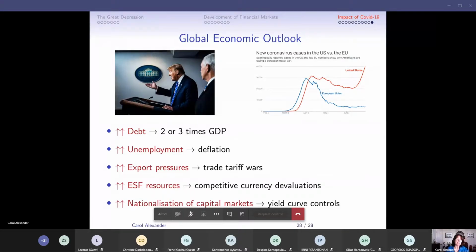And with this Exchange Stabilisation Fund having 500 billion to play with now, we're going to find some very competitive currency devaluation, starting with the dollar. And effectively, this nationalisation of capital markets is continuing with the discussions of yield curve controls higher up the curve. In fact, Australia has already started to do this.